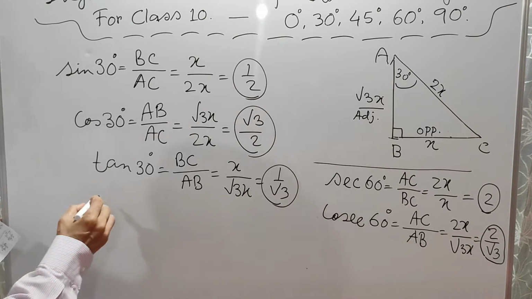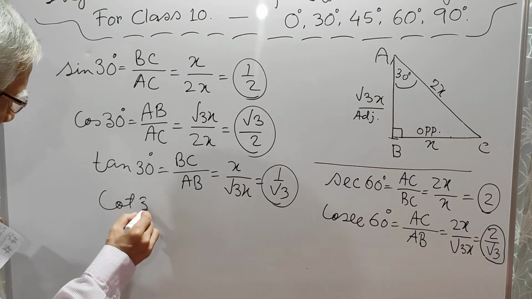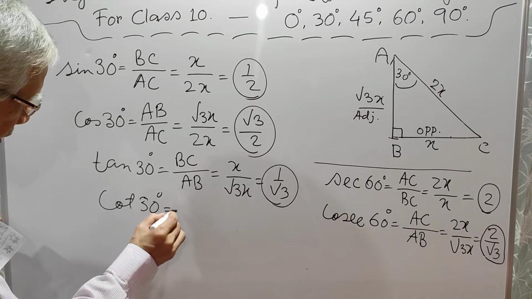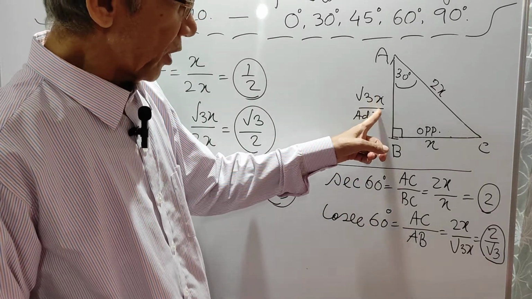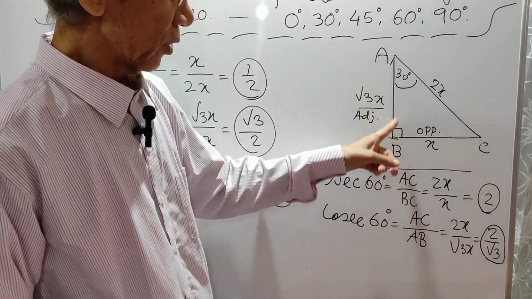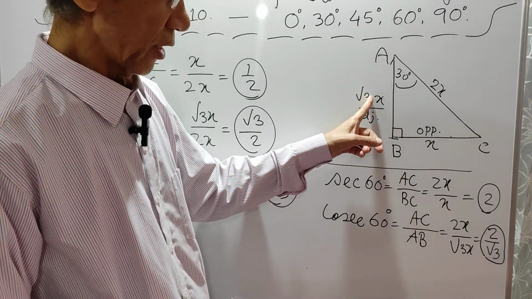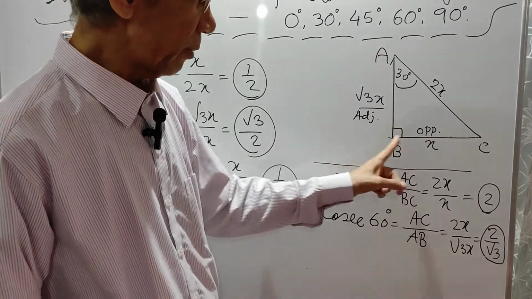Then come to cot 30. What is cot? Cot is adjacent by opposite. Tan is opposite by adjacent, so cot is adjacent by opposite. That means AB by BC.